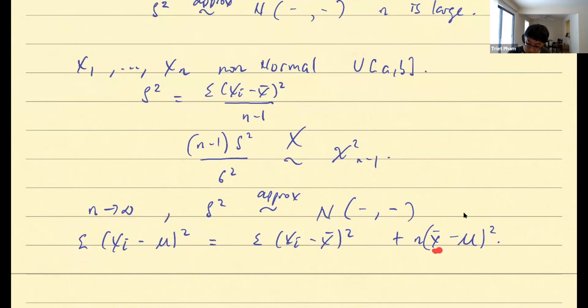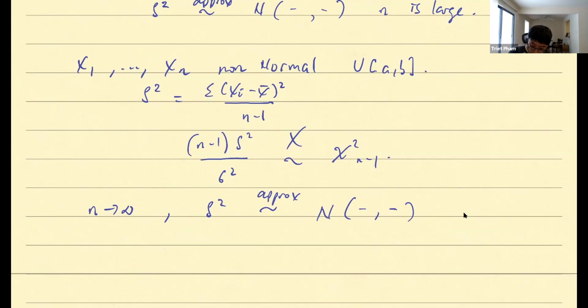I want to say that this is also normal because x bar, being the sum, is normal, but I have the square outside, so that turns into a chi-square, so I have to see what's going on here. I think what I said here is not correct, so I will not explain this. I'll just say that when n is large, the sample variance for a non-normal population is also approximately normal, but I will leave that as an observation. When I find a better explanation, I'll tell you.